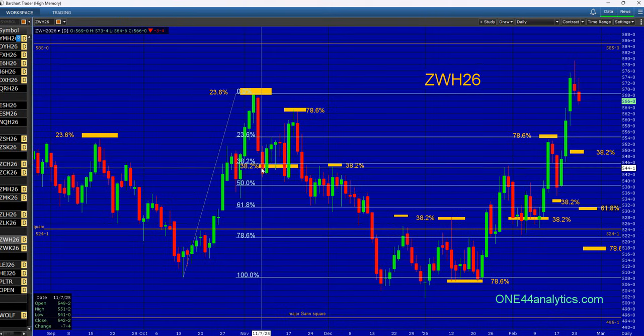So in this case, you can see here 38% had one close under it, got right back above it. And as always, we want to see two consecutive closes, whether it's lower in a row or higher in a row, in order to violate the level. So 38% held, which meant this trend here going up, even though it's minor, was intact.